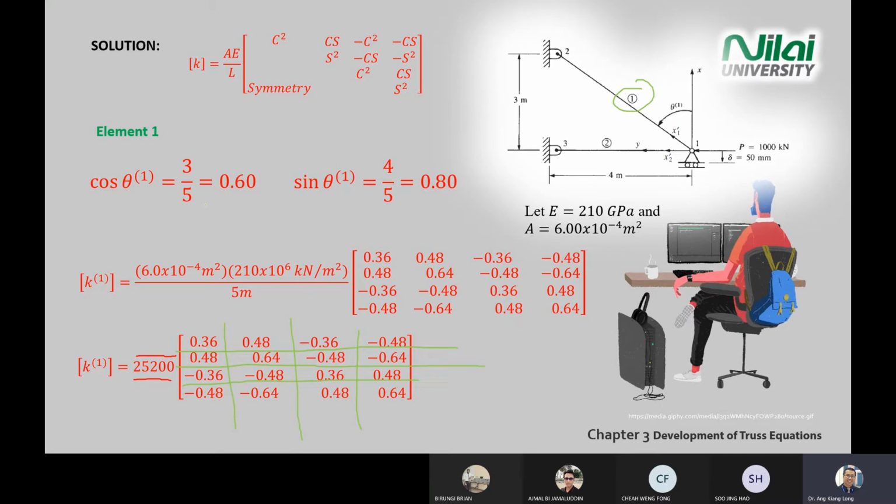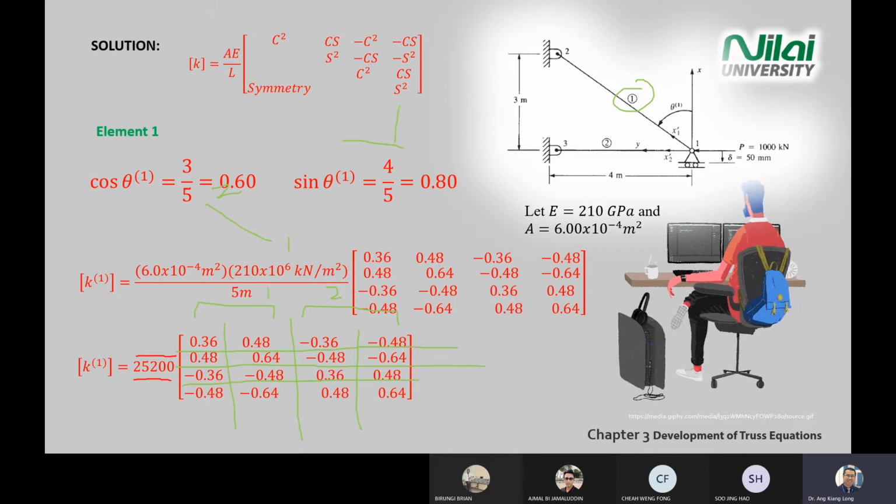Element 1 is connecting point 1 and point 2. What does it mean? It means these two refer to point 1, these two refer to point 2. And same with the side numbering. So you know that you are looking at X and Y axis.